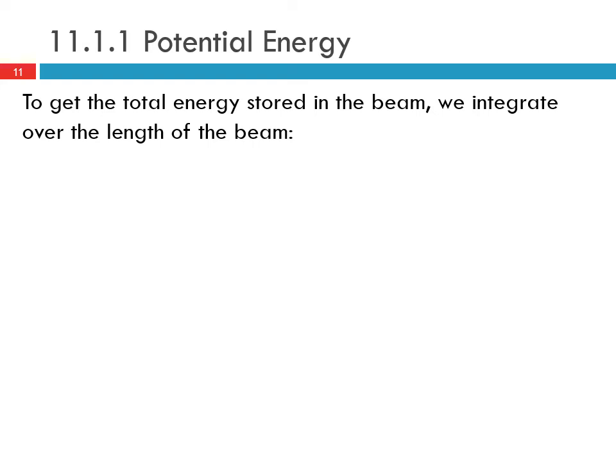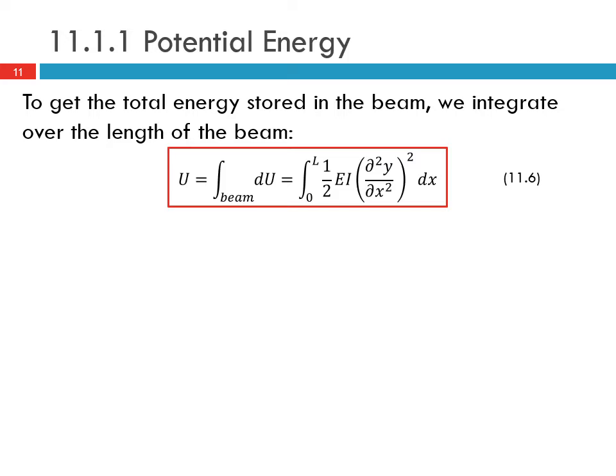To get the total energy stored in the beam, we can integrate over the length of the beam. So U, which is the total energy of the beam, is the integral over the beam of dU, which is the integral from 0 to L of 1 over 2 EI (d2y by dx squared) dx.